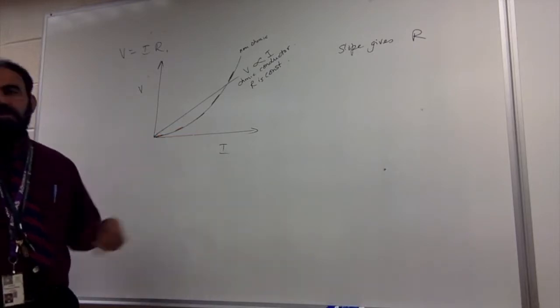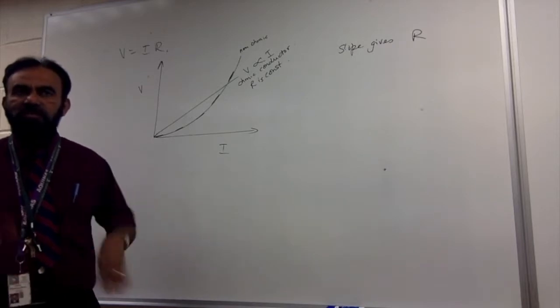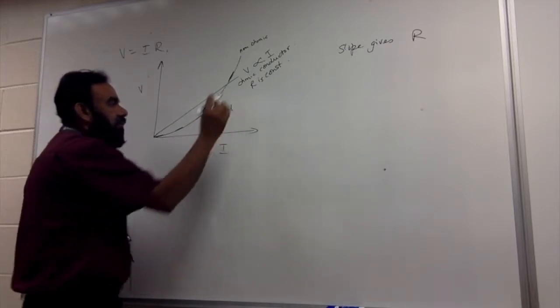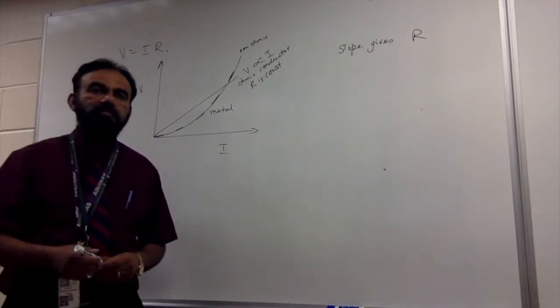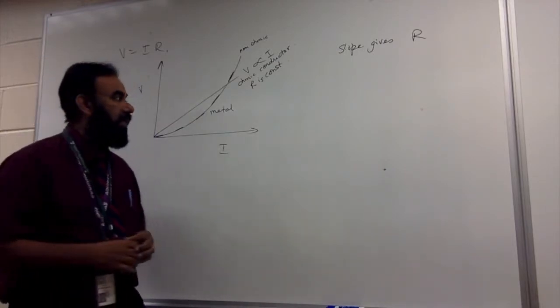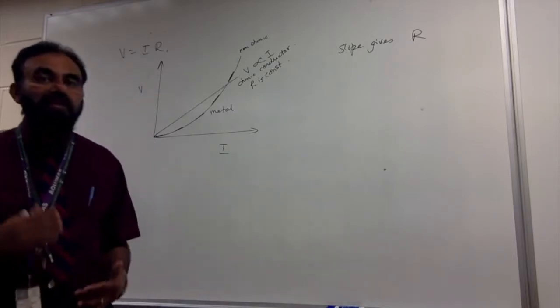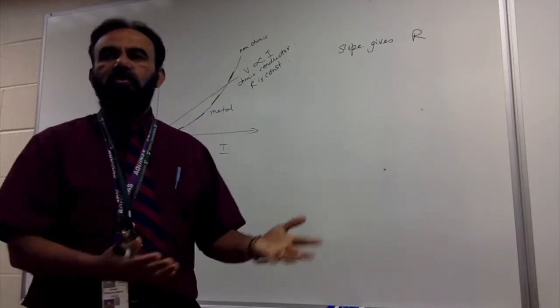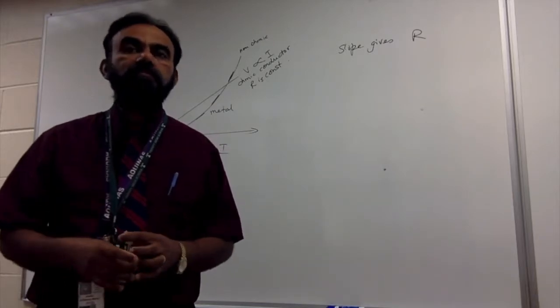Now, such a material where the more you push the current, the more the resistance increases, is a metal. Any metal will behave in this manner. Now, why is the resistance increasing in a metal when you push more current into it? And what is current? If you understand that, you'll know it.